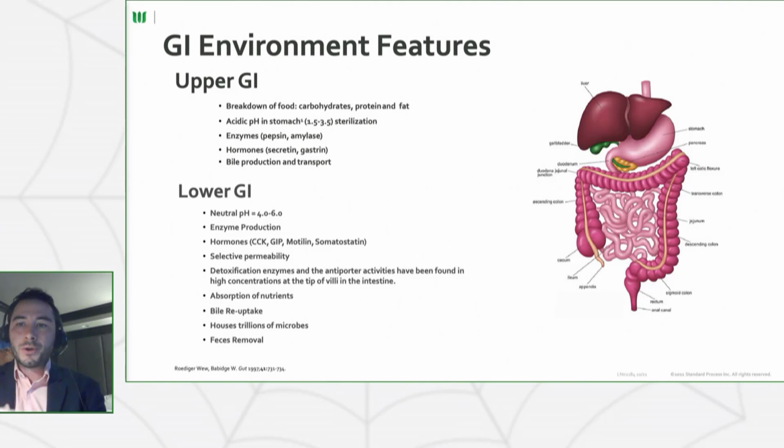As you move throughout the large intestine, the concentration of microbes increases and increases. There are a lot of detoxification enzymes found in the lower GI tract, with a lot of exporter proteins found at the tips of the villi in the intestine to help export compounds out of that organ.